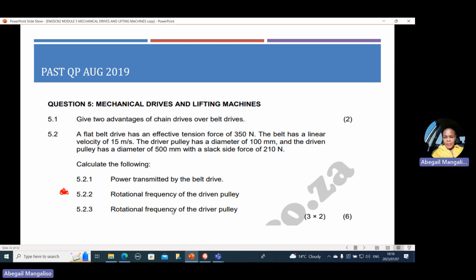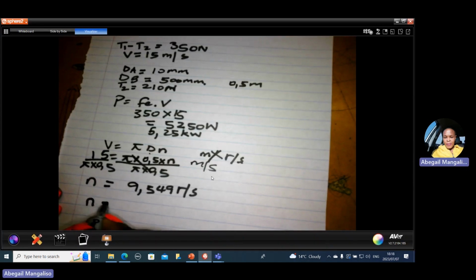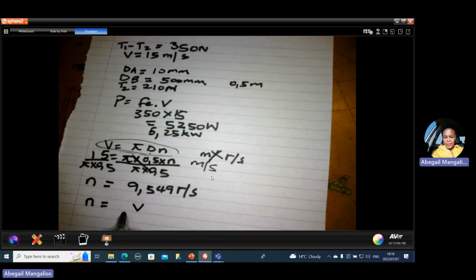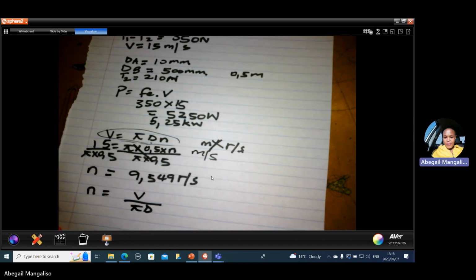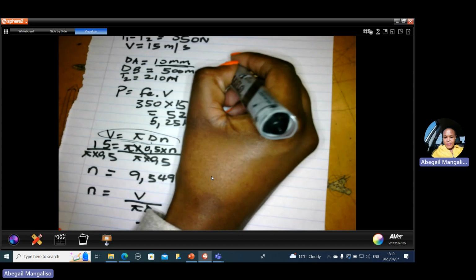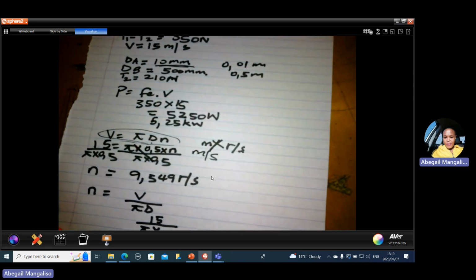Second question, rotational frequency of the driver pulley. Use the same formula, V equal to pi dn. If you make n the subject from here, it will be equal to V divided by pi d. Same formula, velocity is the same. Where there is velocity, you put 15 and you divide by pi multiplied by the driver pulley diameter. You change it to meters, it will be 0.01 meters.